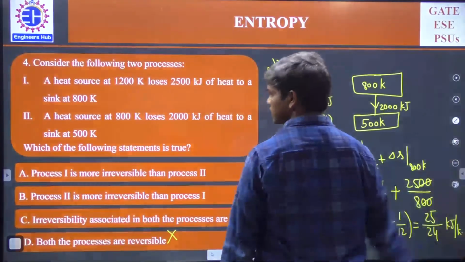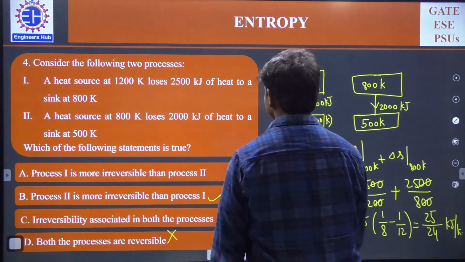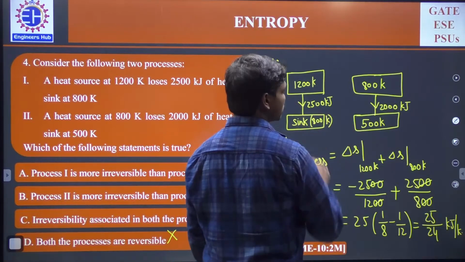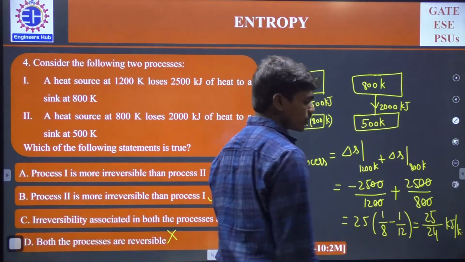So process 2 is more irreversible than process 1, option B. So we just calculated the total entropy of the processes involved with heat transfers.